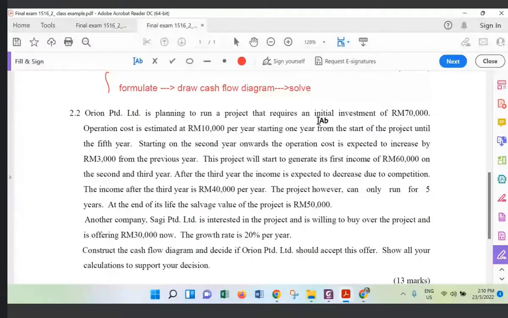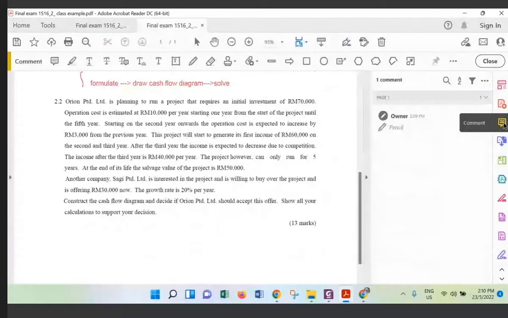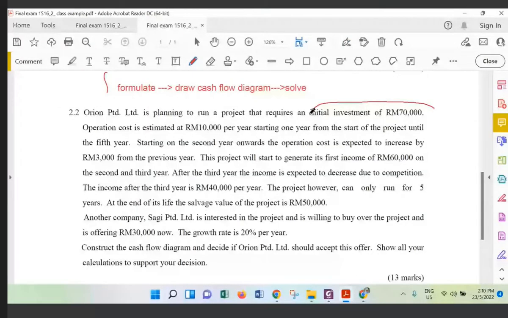So what does initial investment mean? What does this initial investment mean? Apa dia? Come on, bangun semua orang.